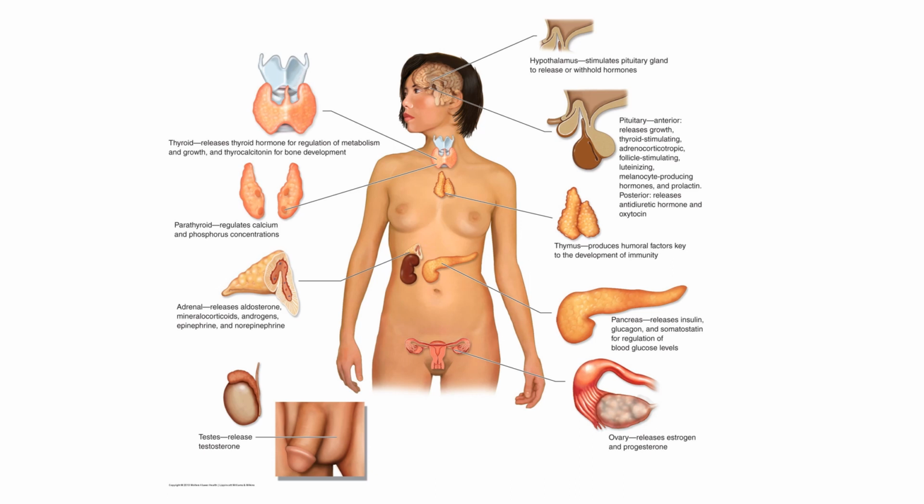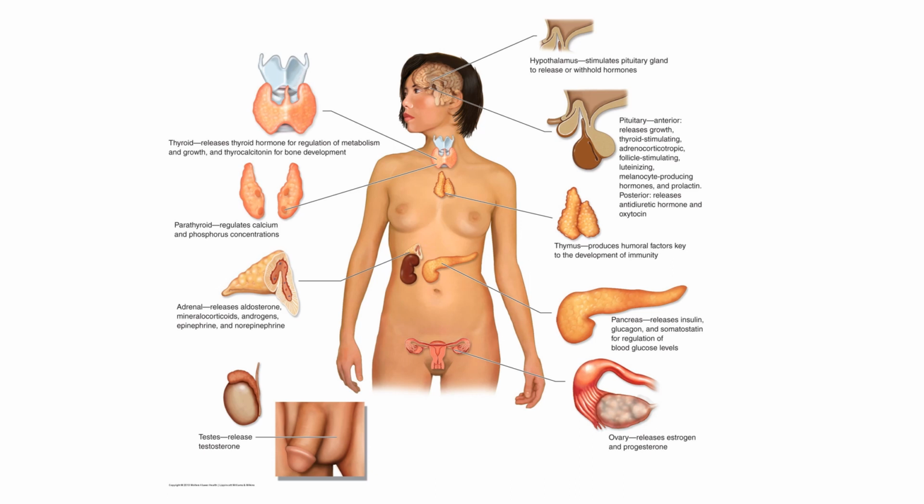We have the posterior pituitary, which deals with antidiuretic hormone and oxytocin. The anterior pituitary deals with thyroid stimulating hormone and ACTH, adrenocorticotropic hormone.